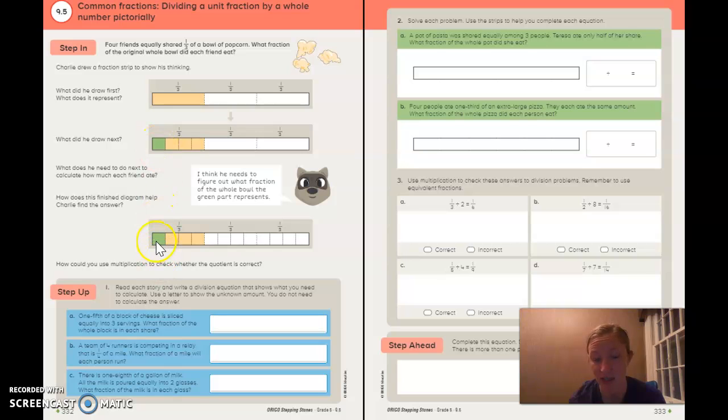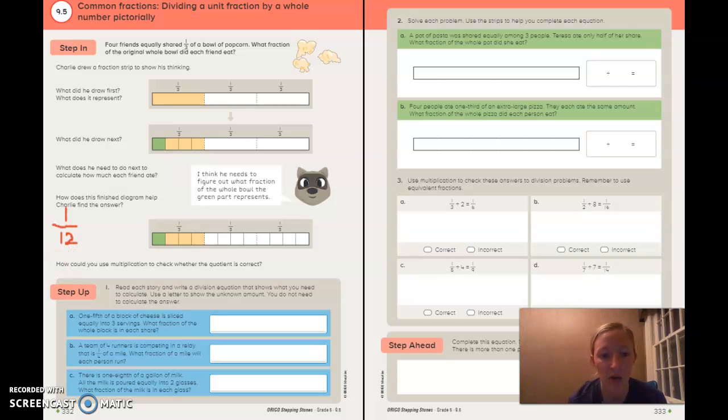But now I can tell this is one green piece out of 1, 2, 3, 4, 5, 6, 7, 8, 9, 10, 11, 12. So I know that each friend got 1/12 of a bowl of popcorn.